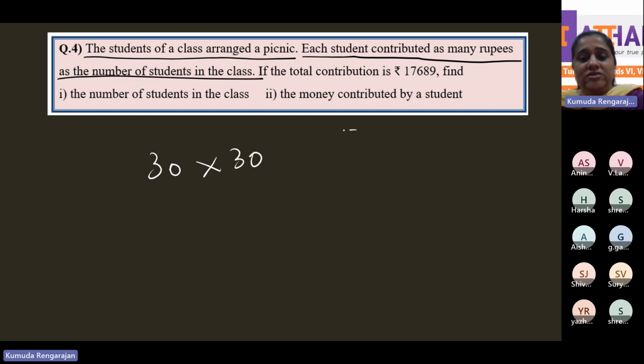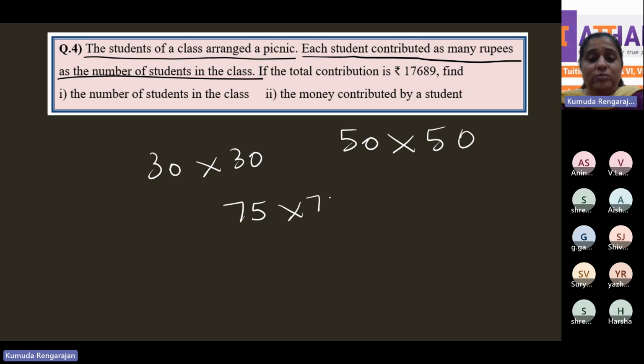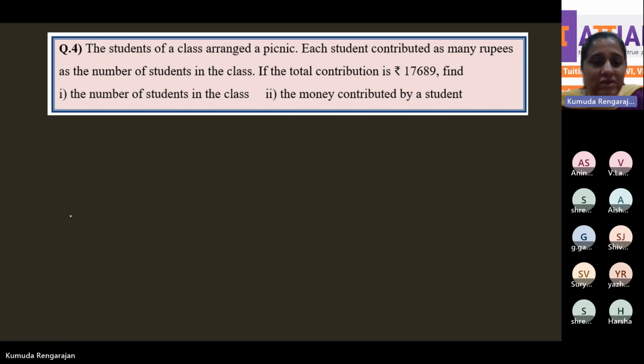If the strength of the class is 50, each student contributes 50 rupees. If the strength of the class is 75, then each student contributes 75 rupees for the picnic. So whatever is the strength of the class, the same is the amount of money contributed by each student for the picnic.